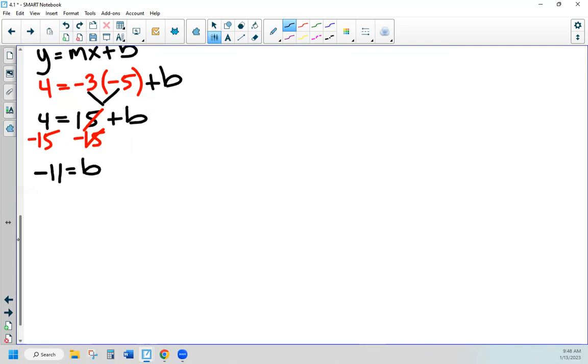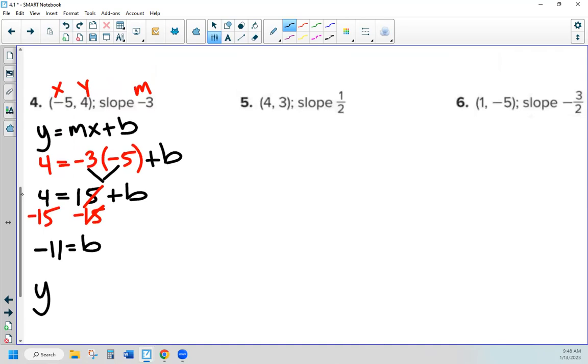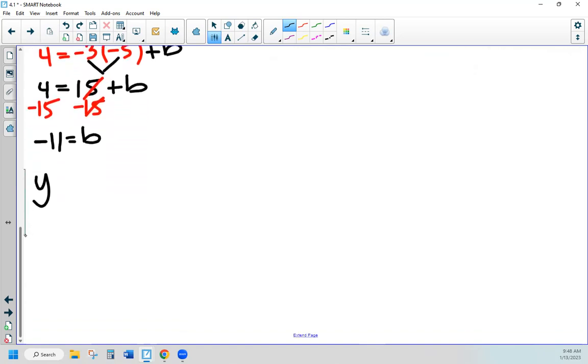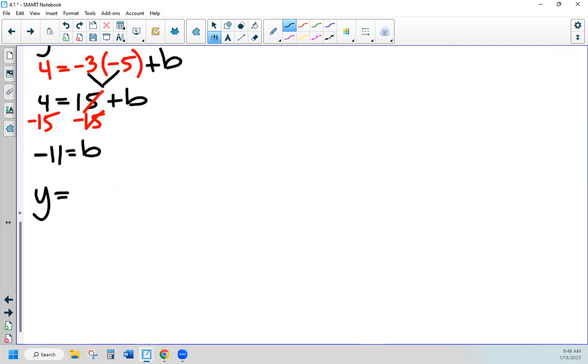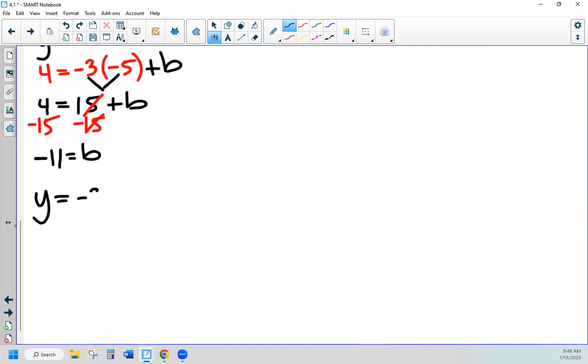We now go ahead and write our equation out. Our equation of a line that has this point right here and this slope, y equals the slope of -3 and x plus, or no, I could put plus and then put my negative 11 like that.